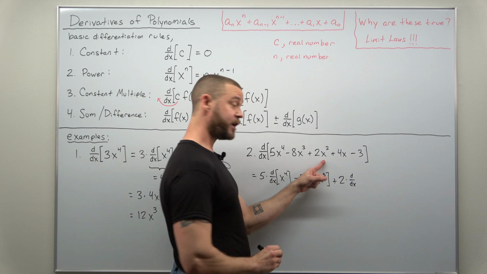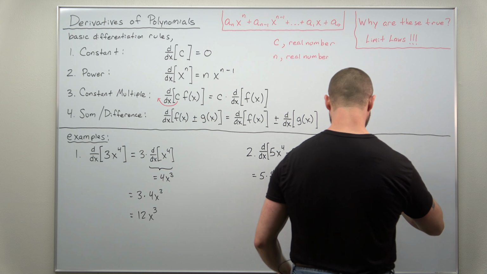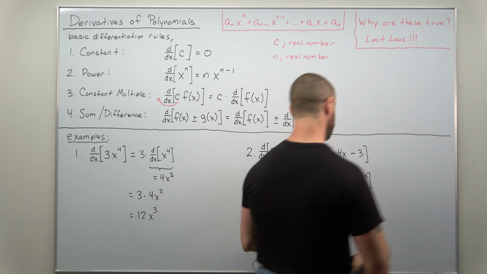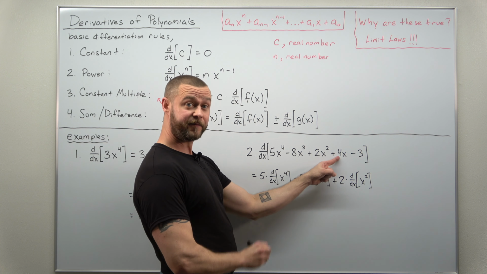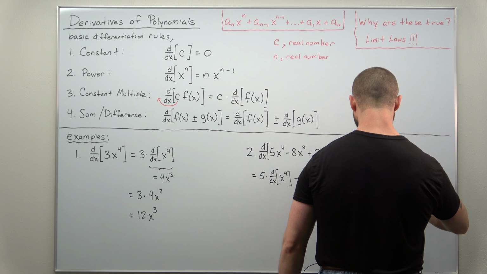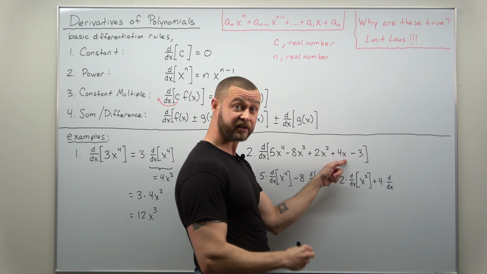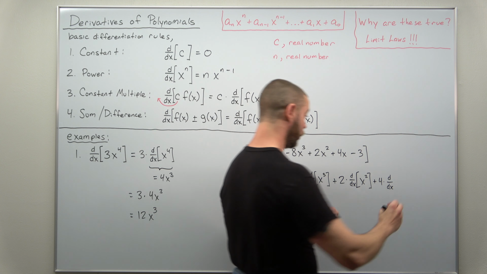And then we'll be differentiating the power of x, x squared. Next, I'm going to take the coefficient 4, pull that out front, and we're going to differentiate the power of x, which is just x, or x to the 1.